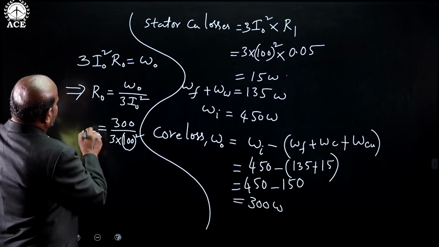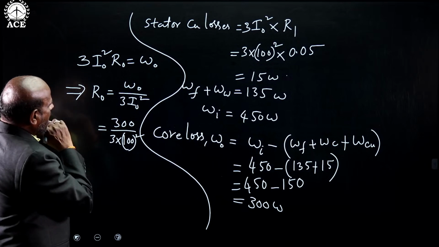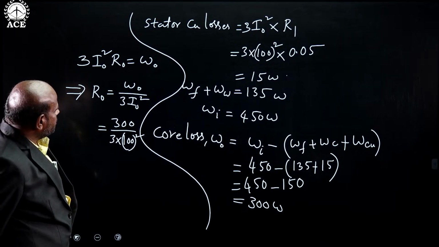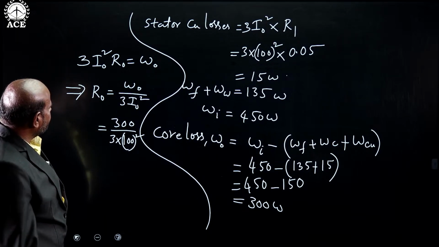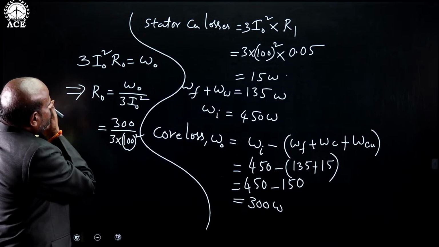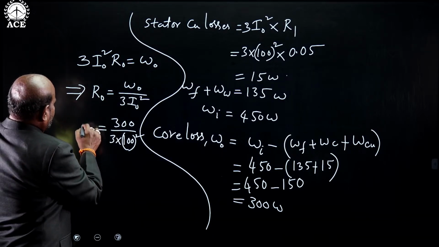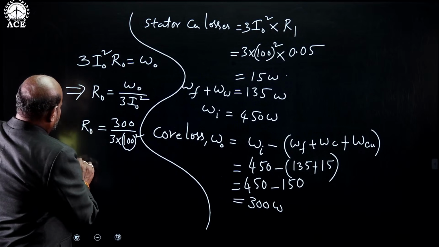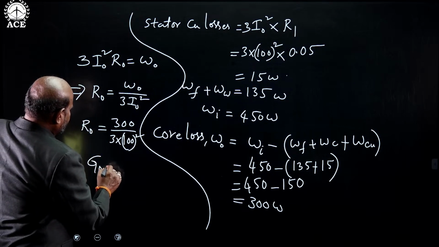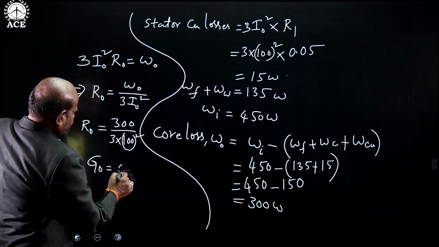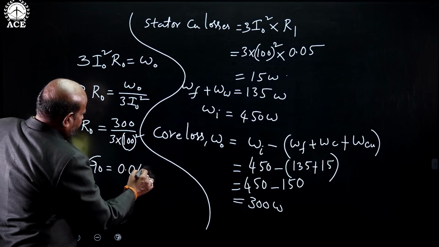This is R naught, but we want reciprocal of this. So therefore G naught will be 0.04.